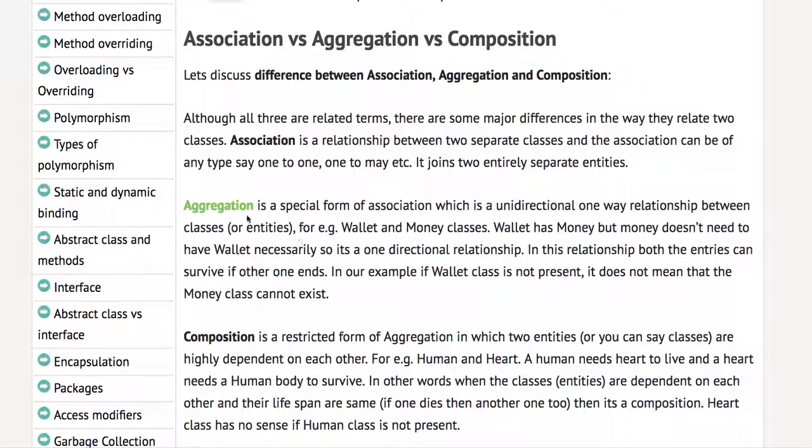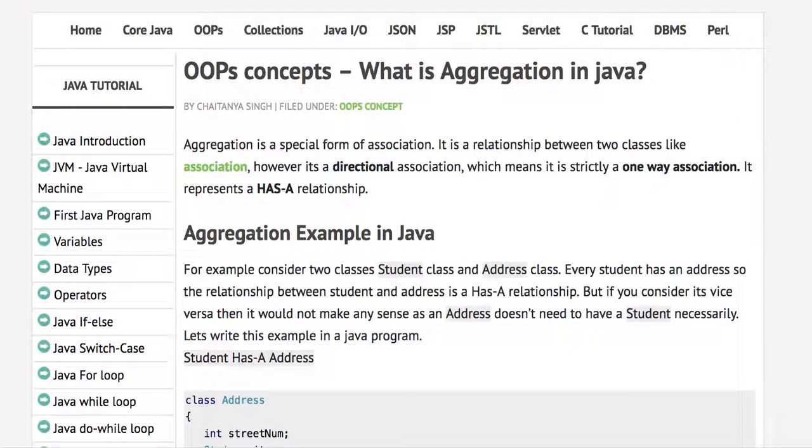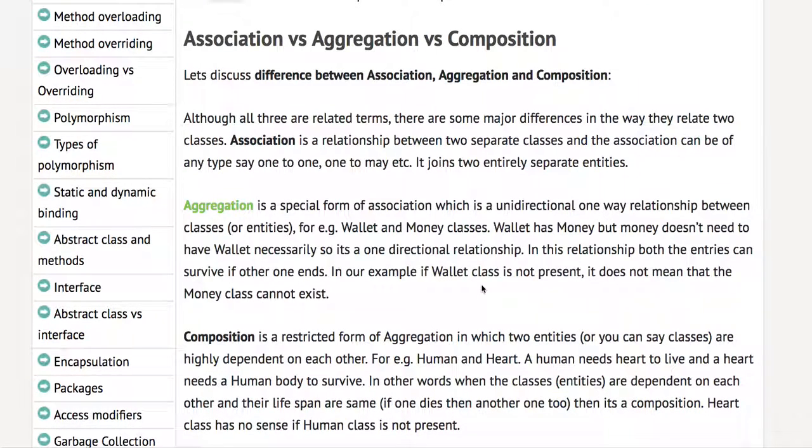All right, so here we have aggregation. So aggregation, right? And this one here is a unidirectional relationship, right? So we have here wallet and money. Wallet is a class, and as one of its instance variables, it could have money, right?